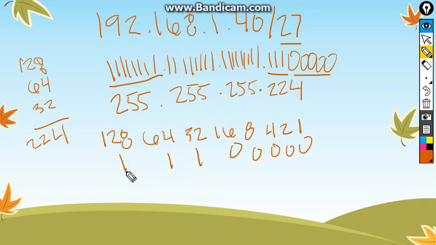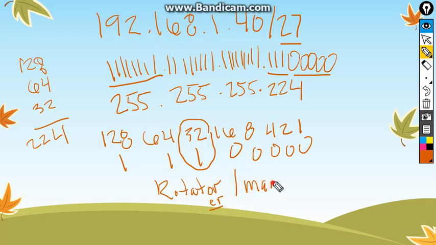What does it actually mean? Well, if we place the binary bits into our chart, we see that the last one bit lands under 32. That is our rotator, or we could say that is our magic number. We are going to rotate by 32, and that will represent our subnetting bits.